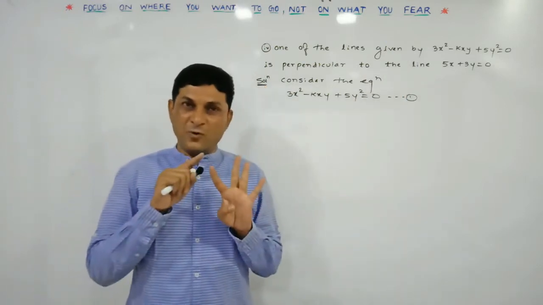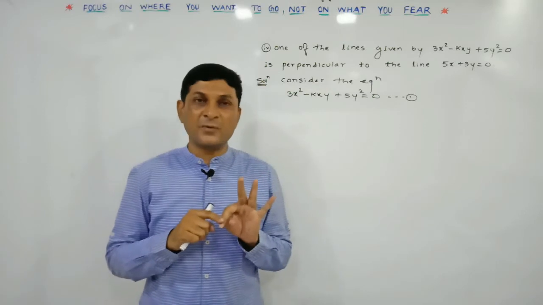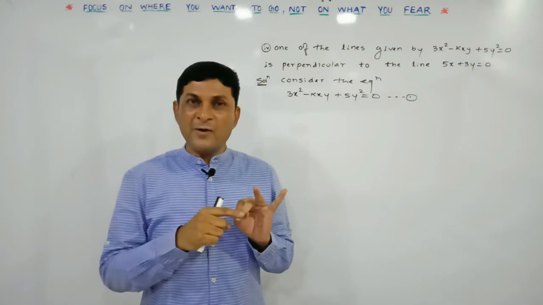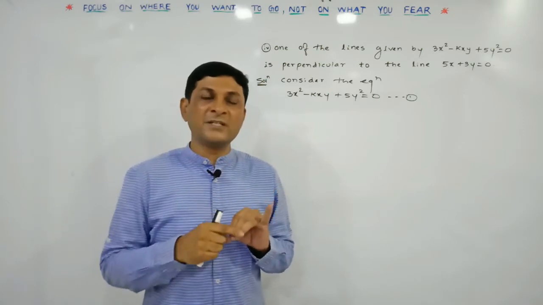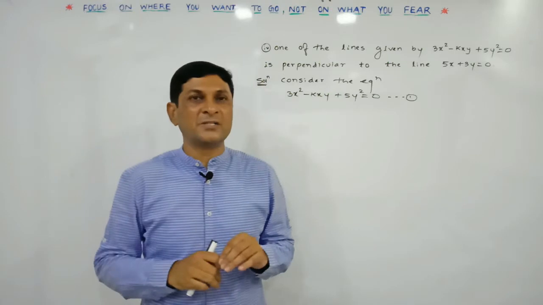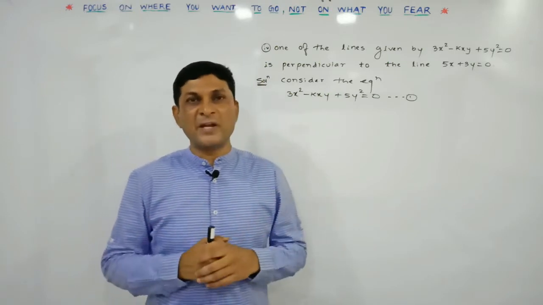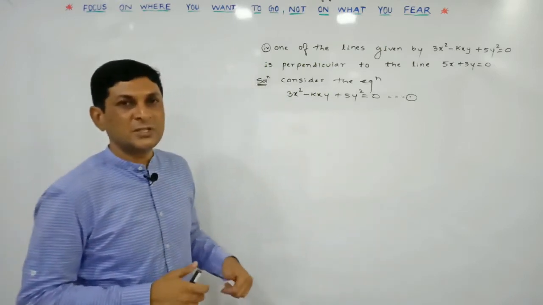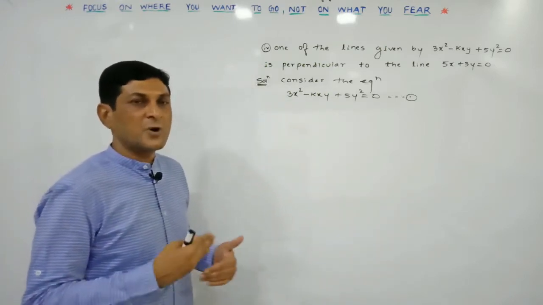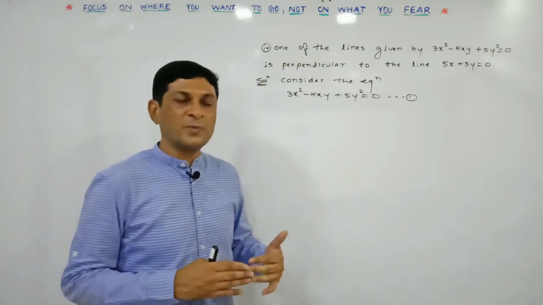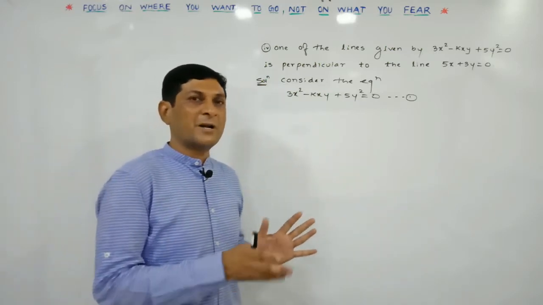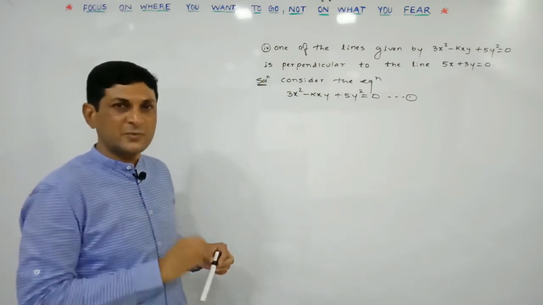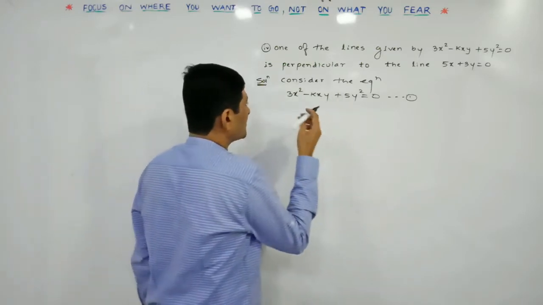Already we have seen that in case of a homogeneous equation, if the slope of a line is given, or a coincident line, parallel line, or perpendicular line is given, in such cases, to find our required unknown value, we convert the given homogeneous equation into the auxiliary equation, because from the given condition we are able to find the slope, and to make use of the slope of our required line we should use the auxiliary equation, because the auxiliary equation is in terms of slope. So first find the auxiliary equation.